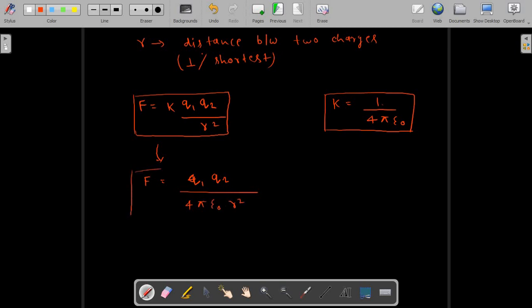This is called Coulomb's law. This interaction is called Coulomb's interaction or Coulomb's law. Okay, getting my point?